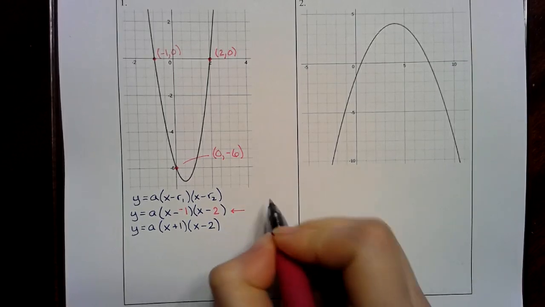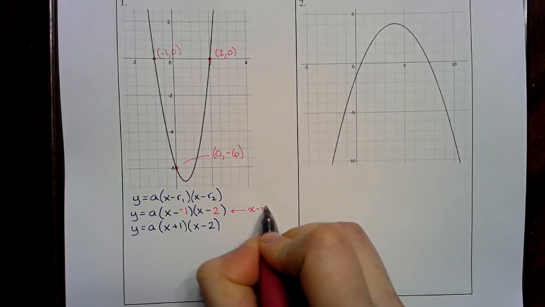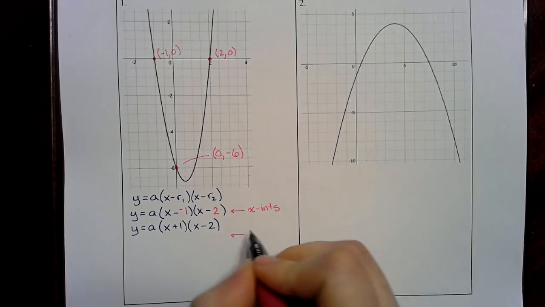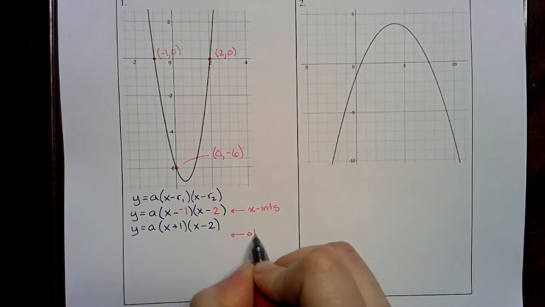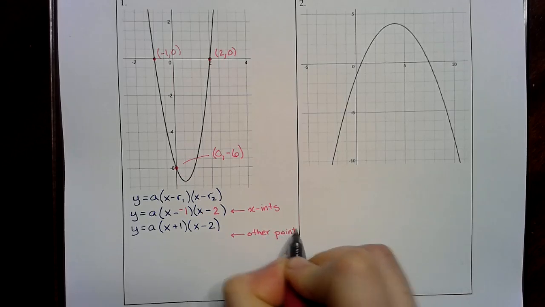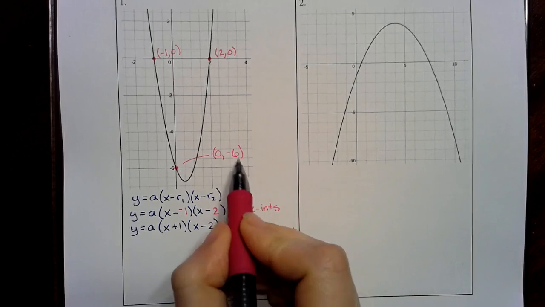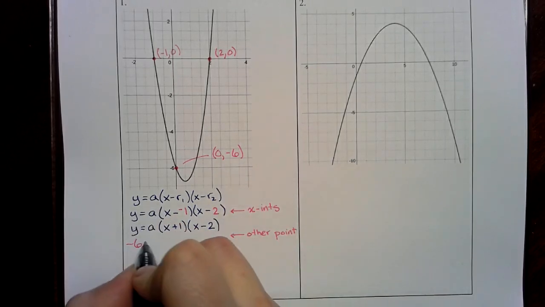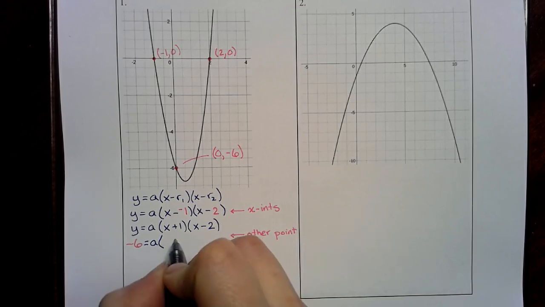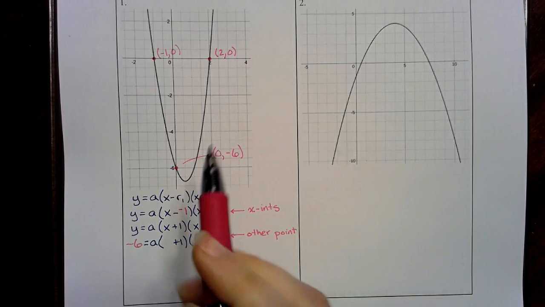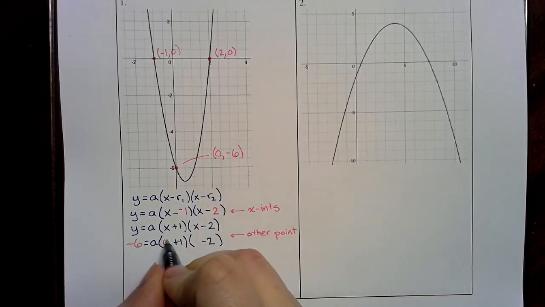So I use my x-intercepts here, and what I'm going to use next is that other third point, which in this case had a y value of -6 and an x value of 0.